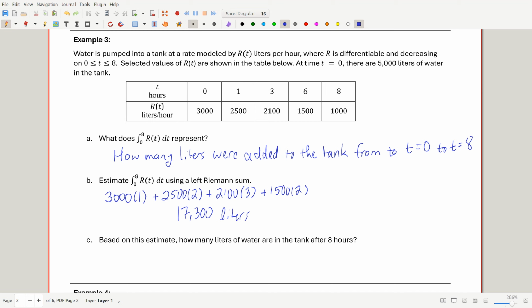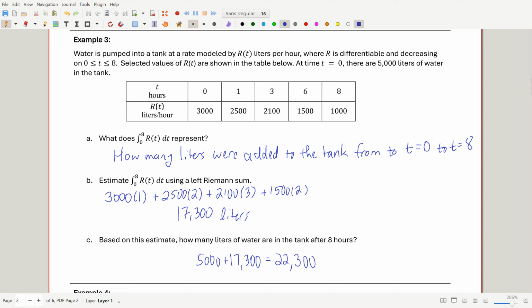So again, now the separate question, based on that estimate, how many liters of water are in the tank after 8 hours? Yeah, 5,000. We're going to just add those up. The initial starting amount plus the change. Boom. Perfect. And that's going to be 22,300.